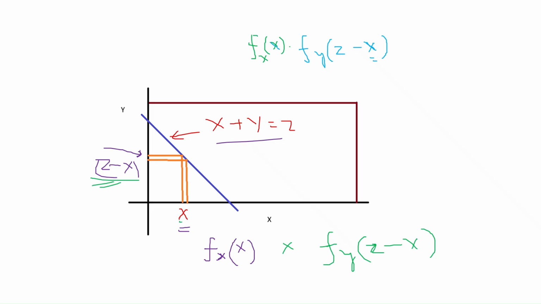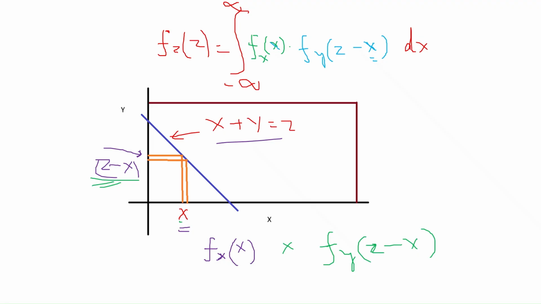So this will have to be integrated dx from minus infinity to infinity. And this would give us f of z. Now this is what convolution is.